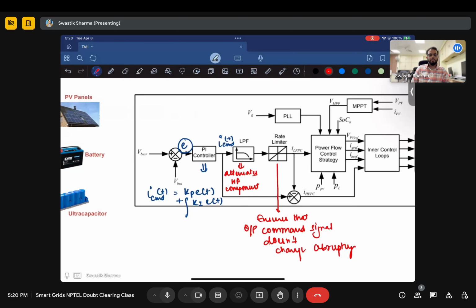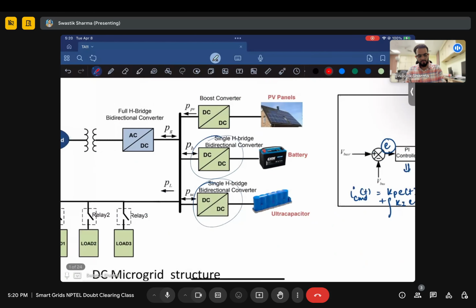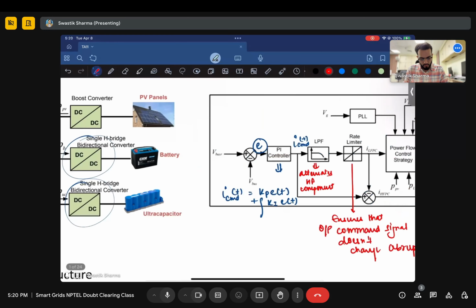In a sense, what you want to ensure is it's free of any transients. If there's no rate limiter connected, and this signal is sent directly to the converter connected across your battery, it could stress that converter, and that is not something that you want, right?